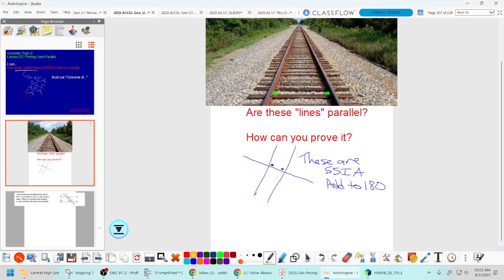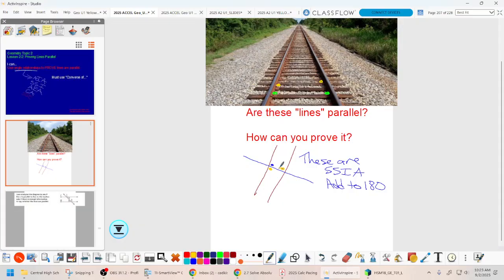Let's say we picked that angle and that angle. So down here, let's say this angle and this angle. Now what should we measure? What kind of angles are those? Those are alternate interior. What's true about them? Yeah, they better be congruent. Otherwise these tracks are not parallel.